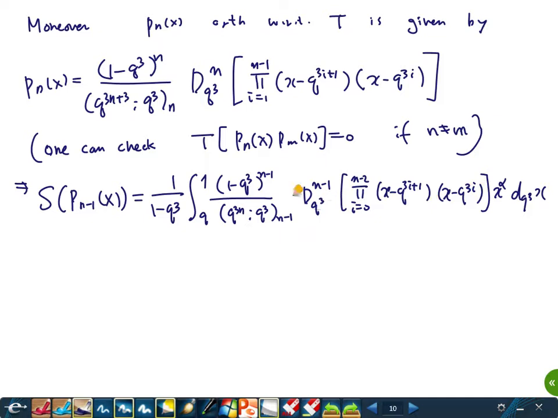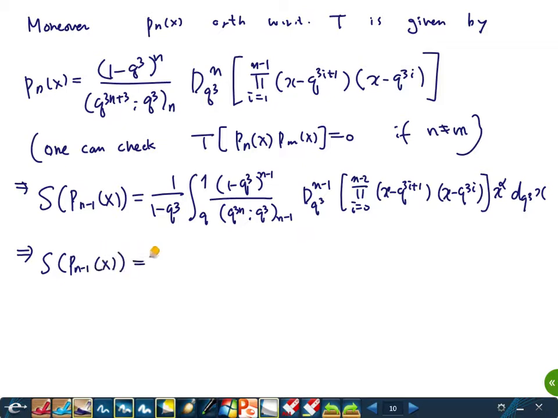It's a product, and a derivative operator is applied to this product, but we can use the product rule for the Q derivative. So if you do that, and then after a little bit of computation, this can be rewritten in this way.